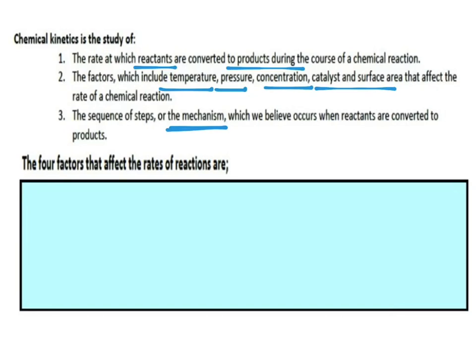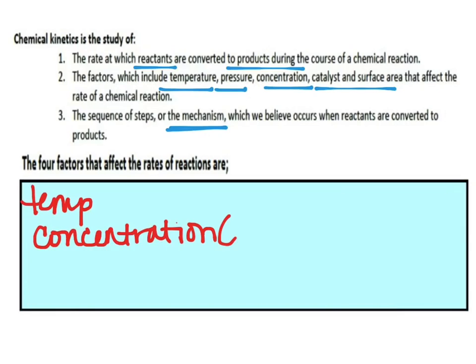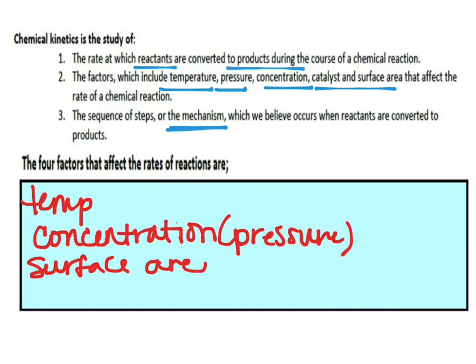The four factors that affect the rates of reactions and that we're going to look at in lab are temperature, concentration, and under concentration is also pressure, if we're talking about gases, surface area, and addition of catalysts.